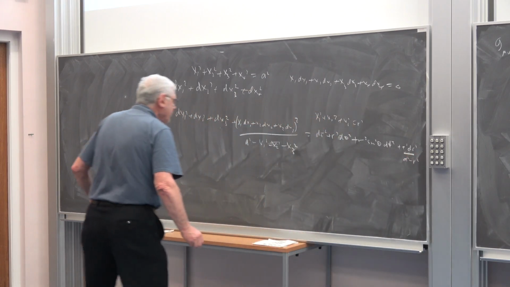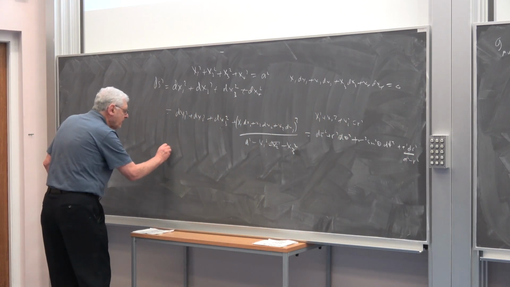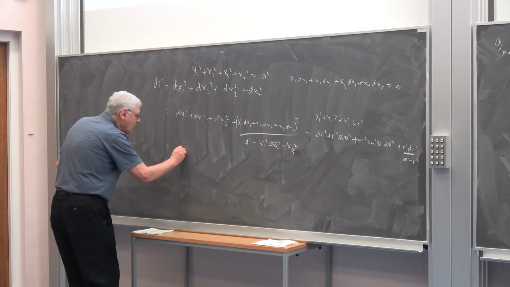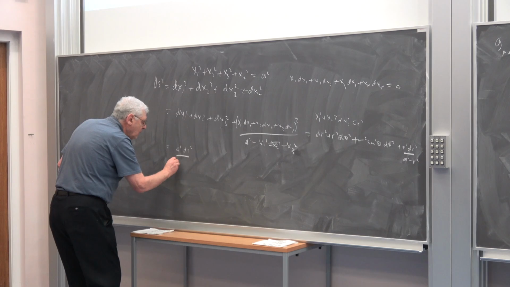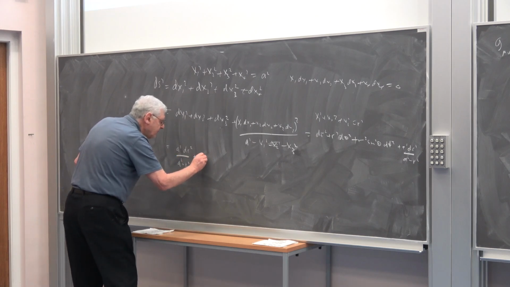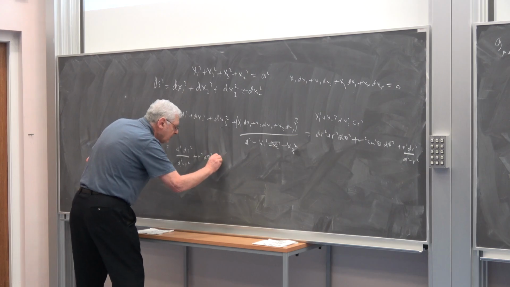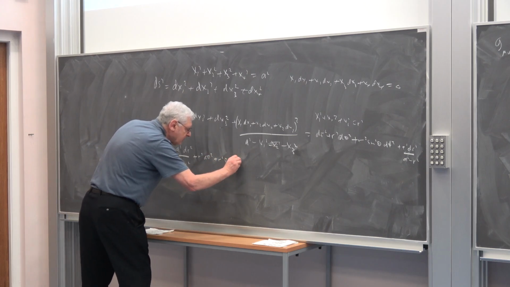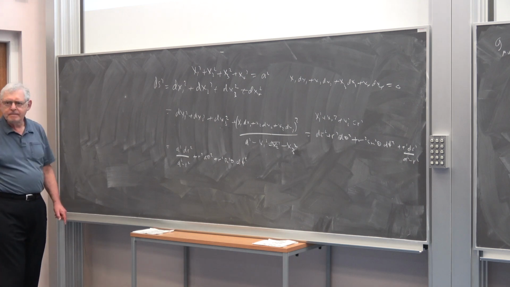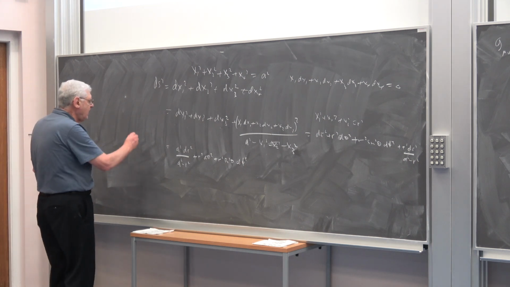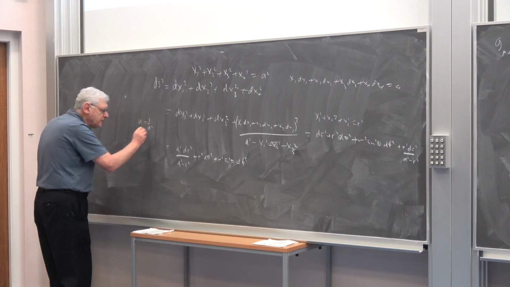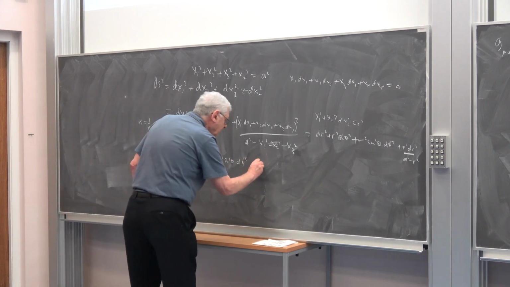And now collecting everything together, we get a squared dr squared over a squared minus r squared plus r squared d theta squared plus r squared sine squared theta d phi squared. Okay. It's conventional to define k is 1 over a squared.